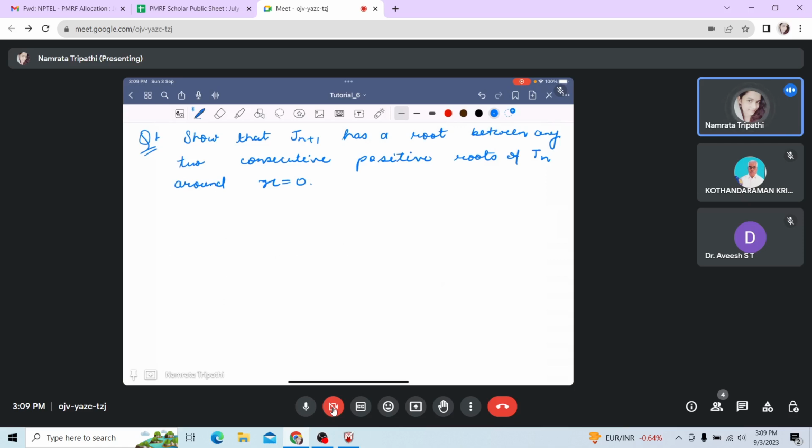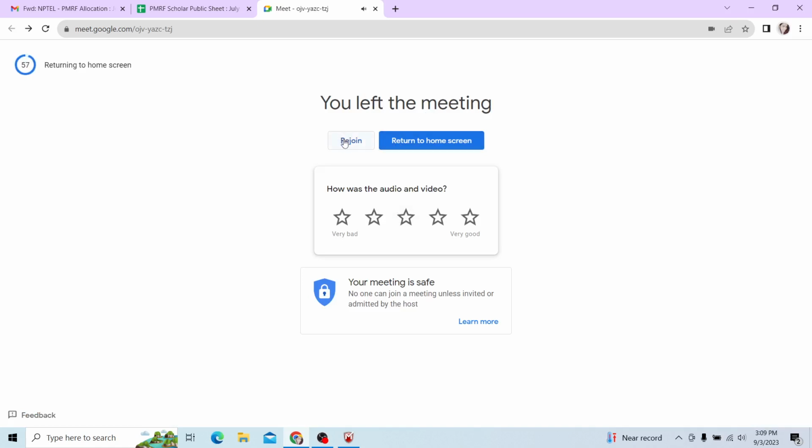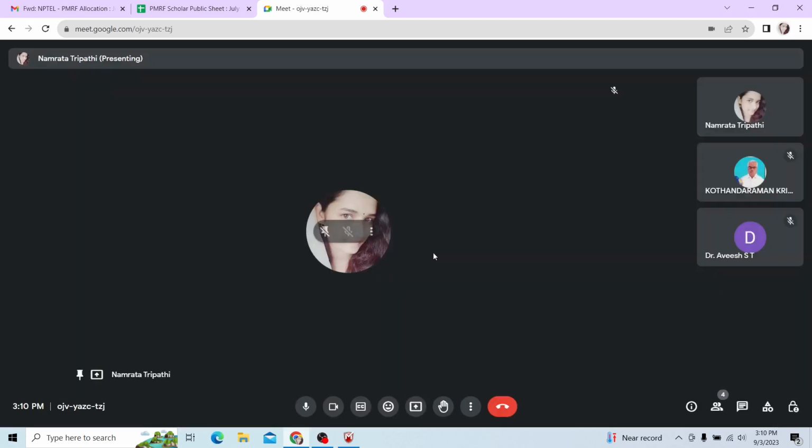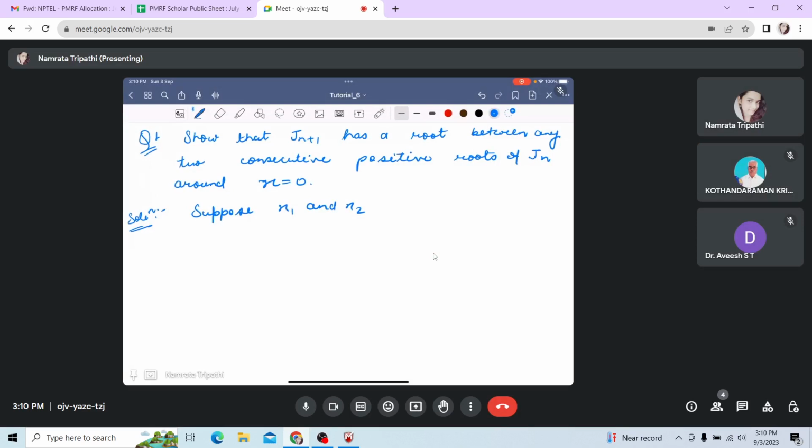Let us suppose x1 and x2 are the roots of Jn(x).